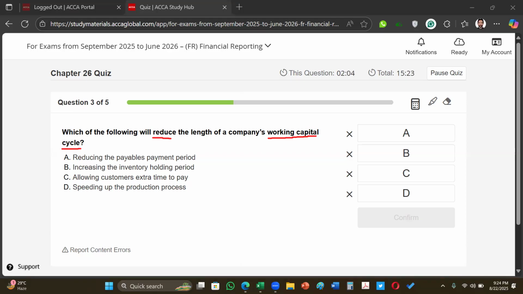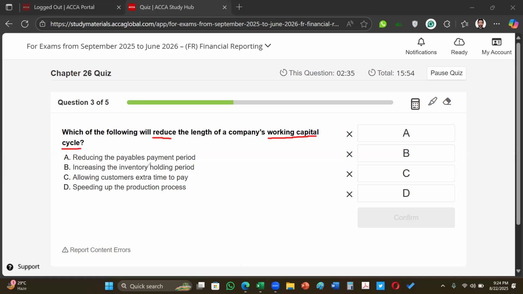Okay, because working capital is related to cash. If we have settled the payables early, then we will run out of cash. Okay, and if we haven't paid them, it means we have enough cash to support the working capital. So this is not the one to reduce the length of the working capital. Option one is not the answer, because reducing payables is not going to help the working capital. Okay, it is going to lengthen the working capital.